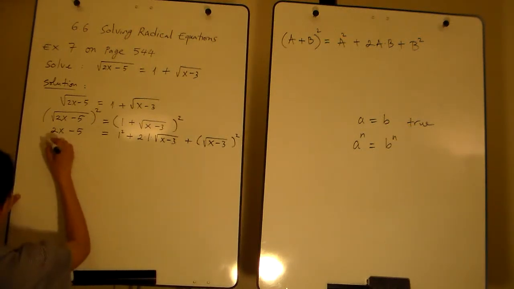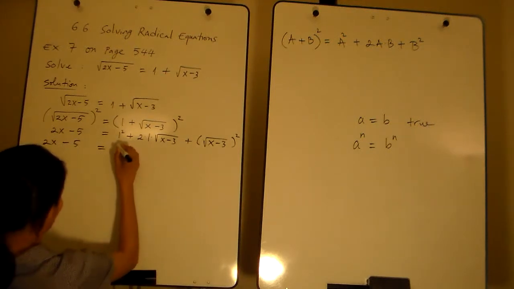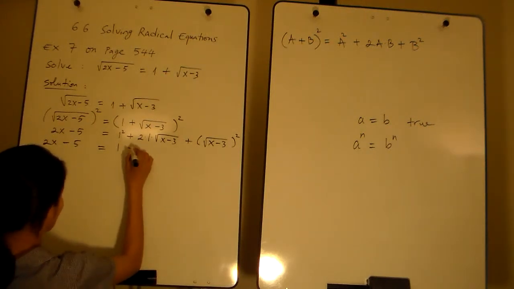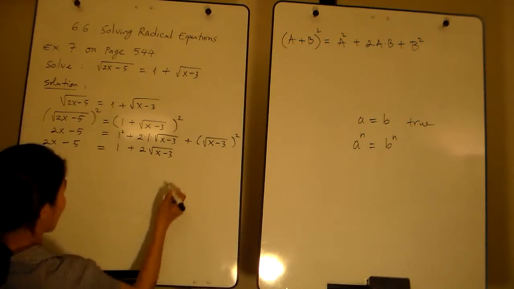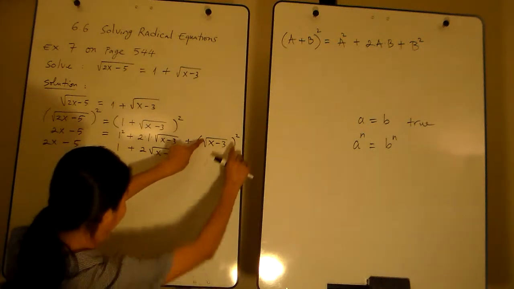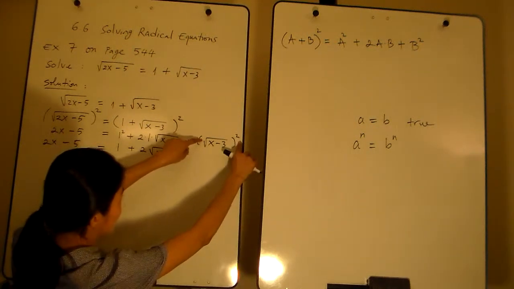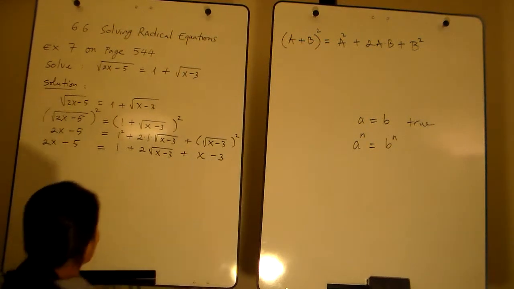These are different terms you cannot combine, so just rewriting this and simplify. 1 squared is 1 plus 2 times 1 is 2, square root of x minus 3 plus. Now for this square root, the index is 2, the outer exponent is 2. That means you can simplify this square root to x minus 3.